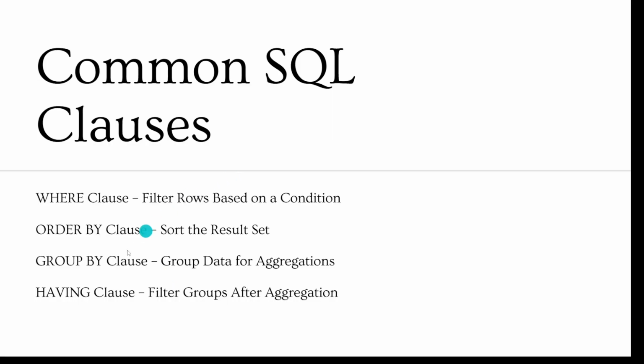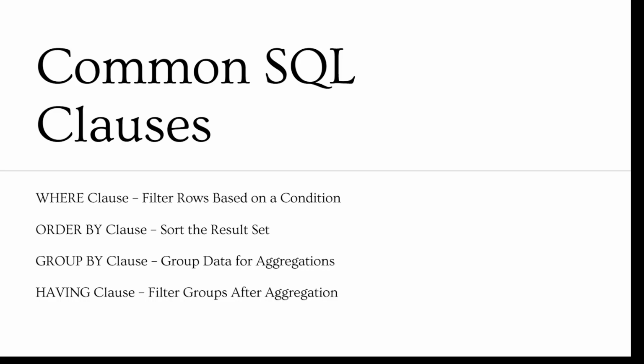So the next SQL clause is the having clause. What the having clause does is filter the aggregated data. In the previous clause, we saw the group by clause, which groups the data and aggregates it. As we get the aggregated result, if we want to filter it more, that can be done by the having clause.